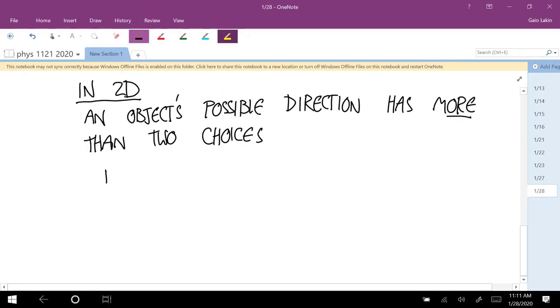Okay, so in 1D, or motion along a line, if you have an object here, it can only go this way or that way, right?